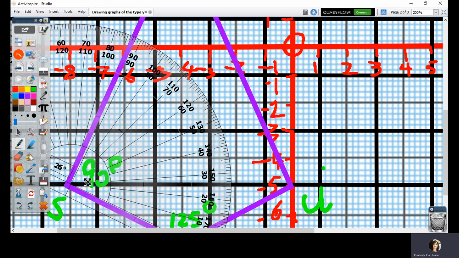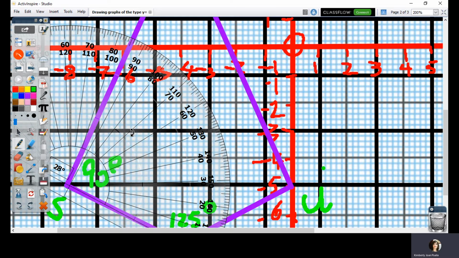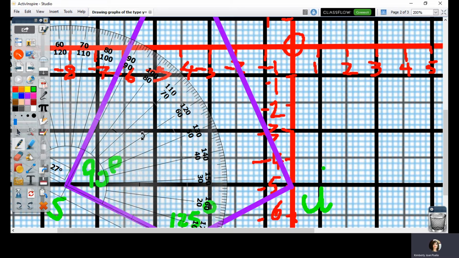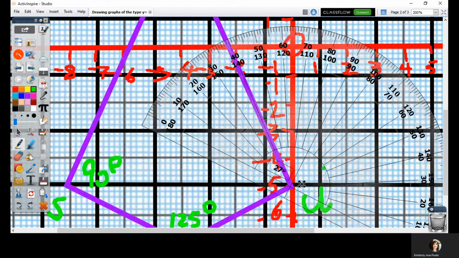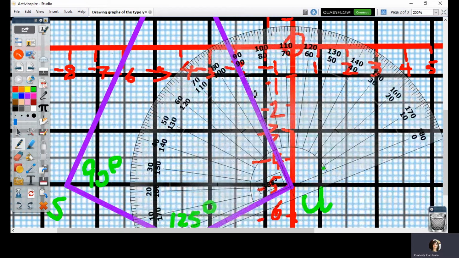It should be 95. Let me try and put it as 95. They have to be the same thing. This is just an error since I am using a computer. When you draw with a pencil and ruler, you should get the same answer. So you can arrange this angle, and make it look like 95, and this angle as well.